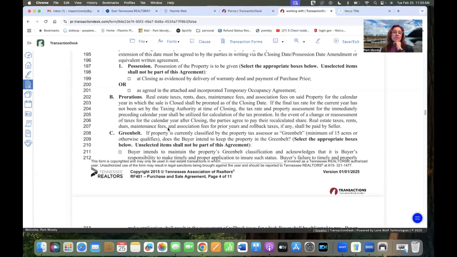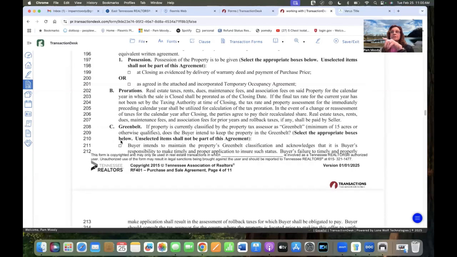Real estate taxes, rents, due, maintenance fees, and association fees for prior years and rollback taxes, if any, shall be paid by seller. These are all things that are taken care of in the title. And at closing, if it's confusing, I always have the title or the attorney sit down and explain it so you can see it.